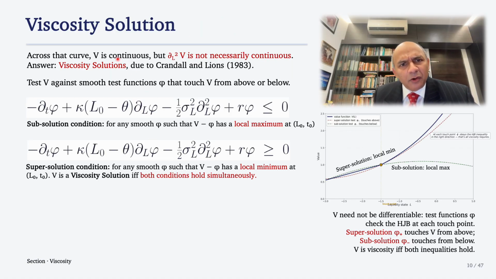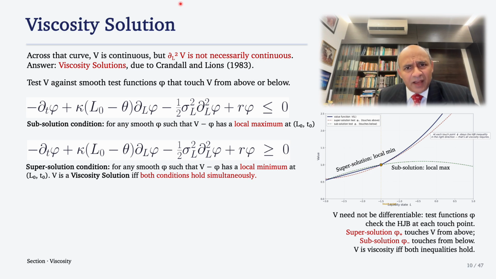Now, the free boundary supports a Lipschitz but not a C2 value function. So across the boundary, the second derivative jumps or may jump. The HJB equation, which is a second order PDE, is therefore not satisfiable classically.